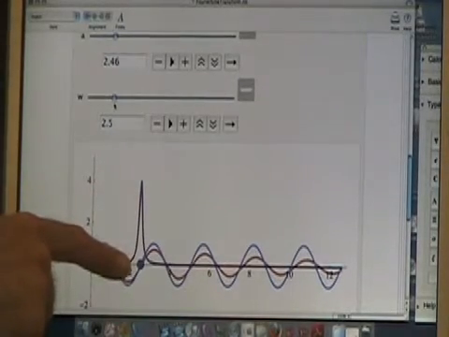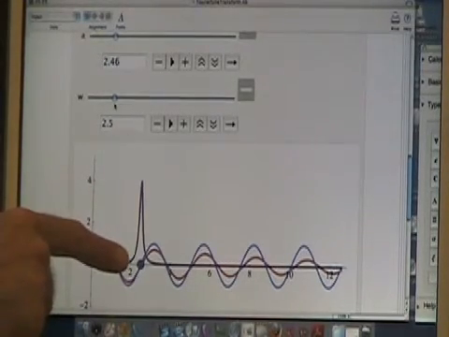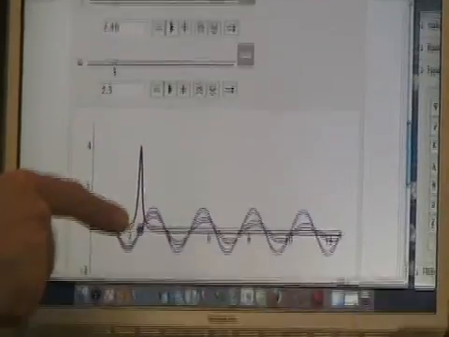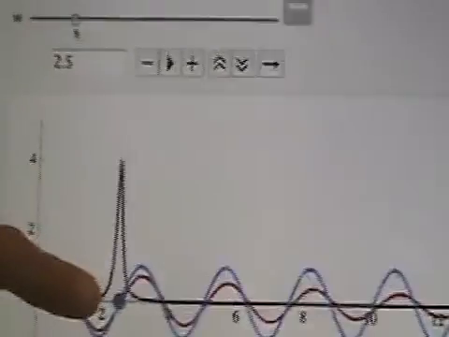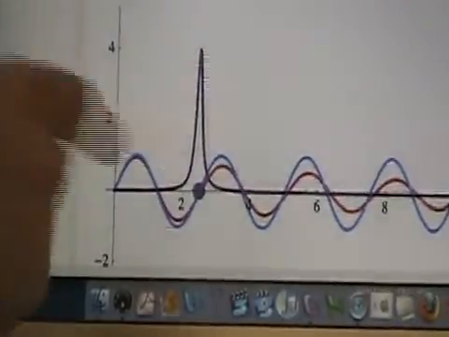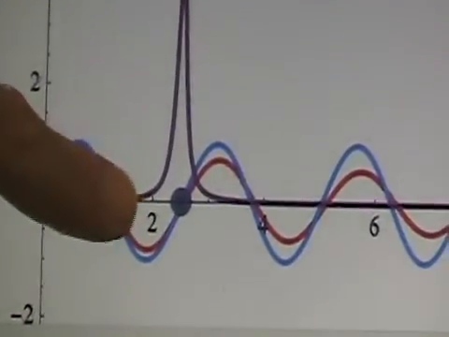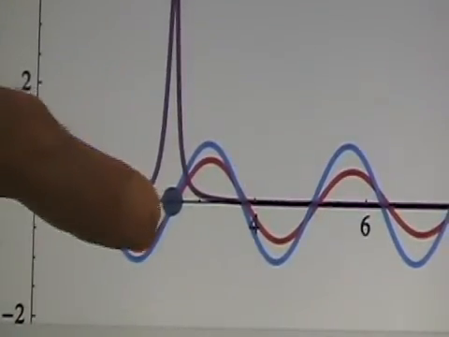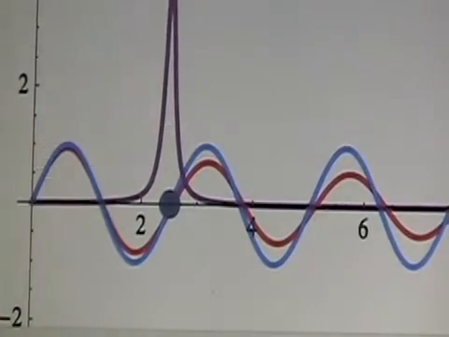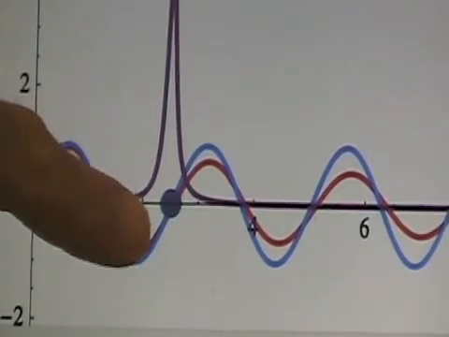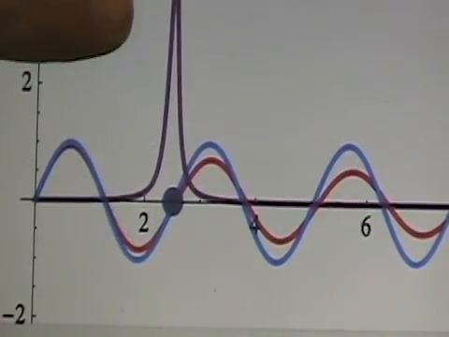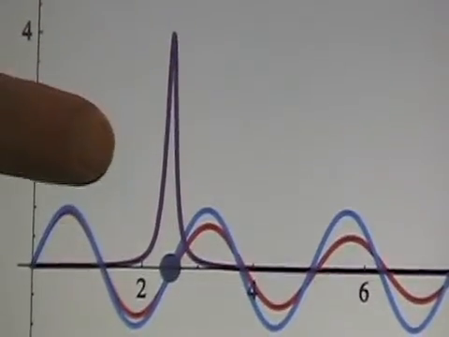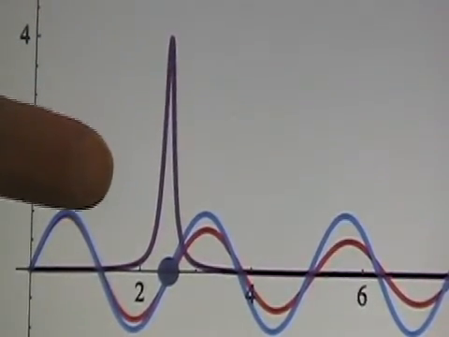This blue dot that you see right here, if you zoom in on that, that blue dot is the value of omega for the particular blue curve that's being drawn. You can see that this blue dot, when the curves match up pretty well, is close to where this purple curve has a peak. What's the purple curve? The purple curve is the Fourier sine transform.